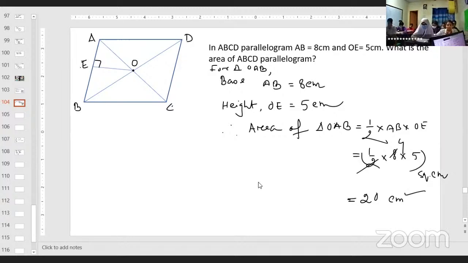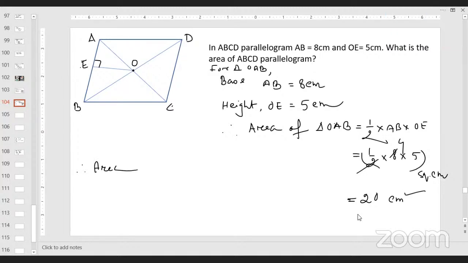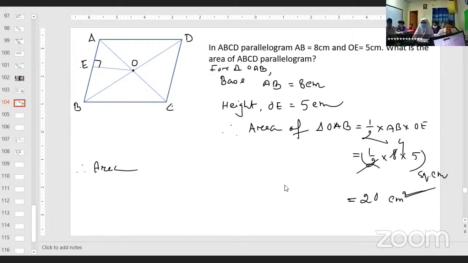Now if it is 20 centimeter square, we can write down the area of ABCD.